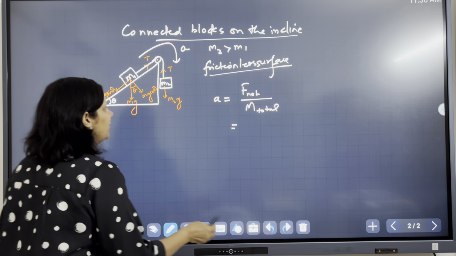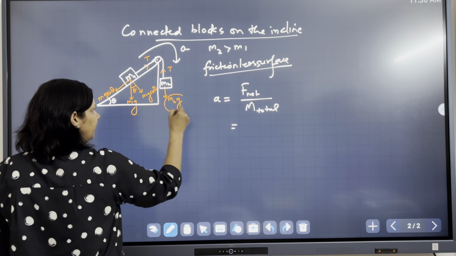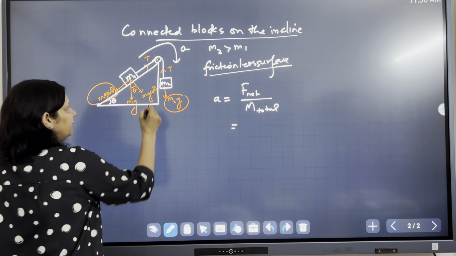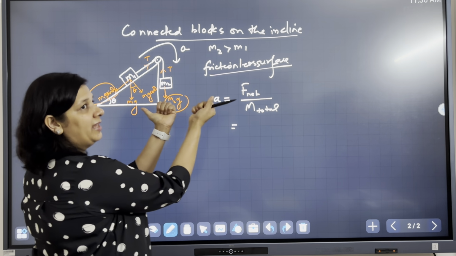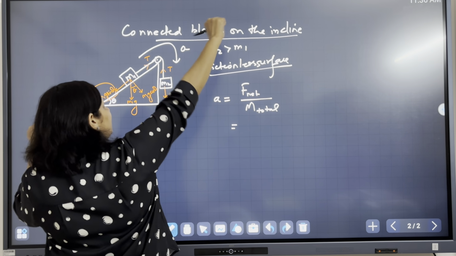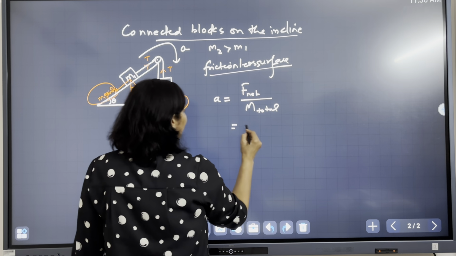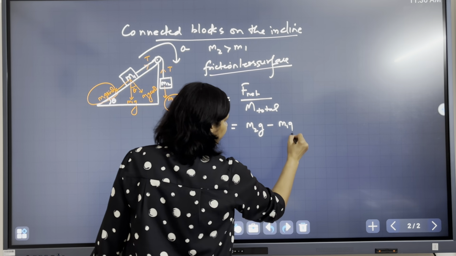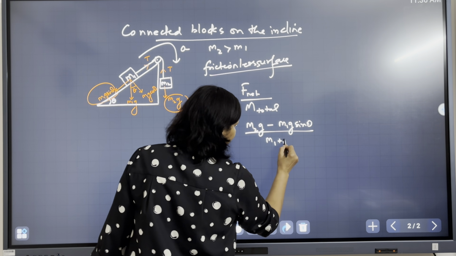That will be equal to, what are the external forces on this system? M2g and M1g sin theta, correct? And they both are in opposite directions. Again, you can imagine this in a straight line. So, F net will be M2g minus M1g sin theta divided by M1 plus M2.